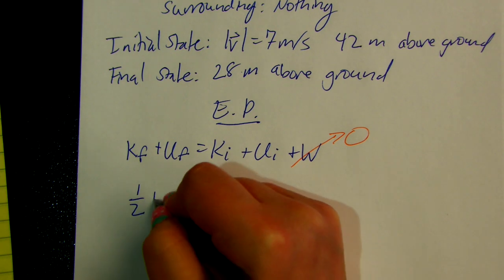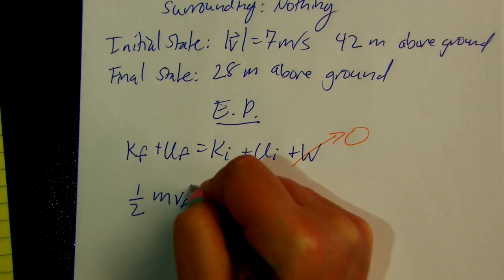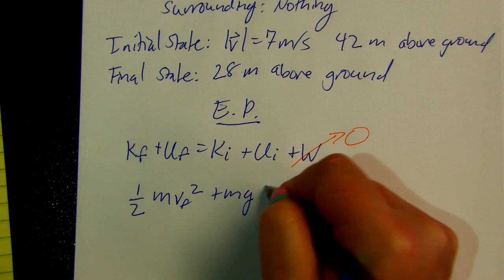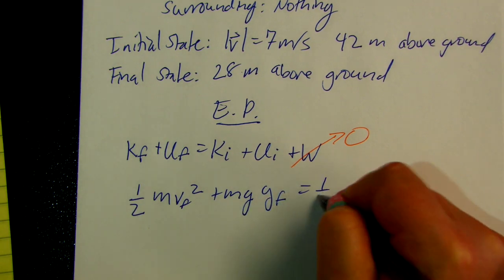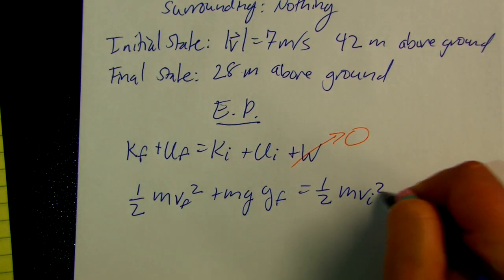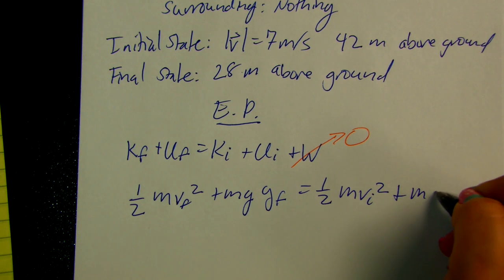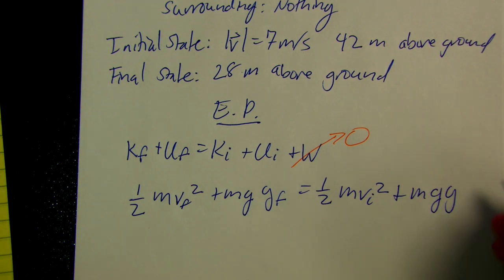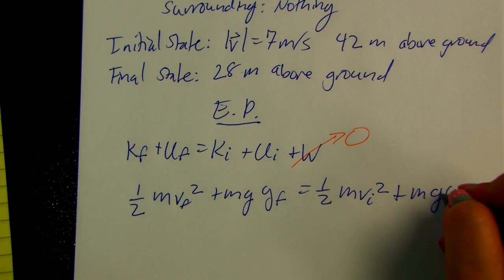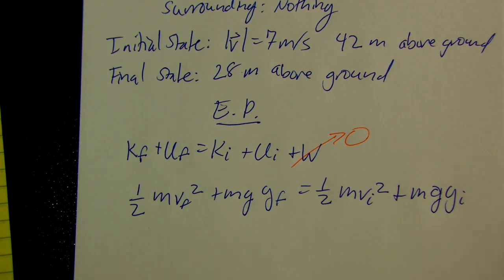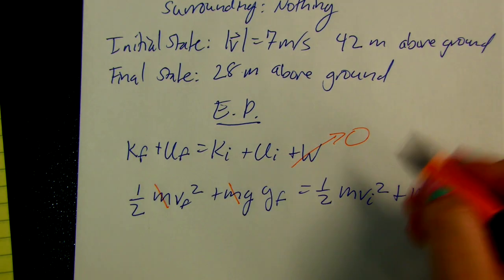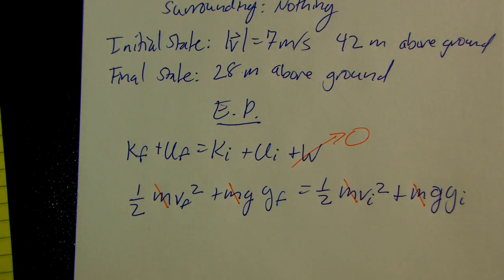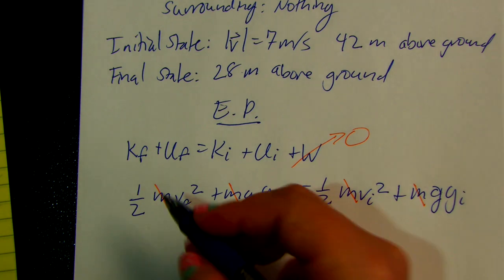So we have 1/2 mv final squared plus mgy final is equal to 1/2 mv initial squared plus mgy initial. All right, so we see that we've got a mass in each part of the equation, so we can go ahead and cancel that out, which is pretty useful since we don't know the mass of the ball. And it turns out we don't need to.